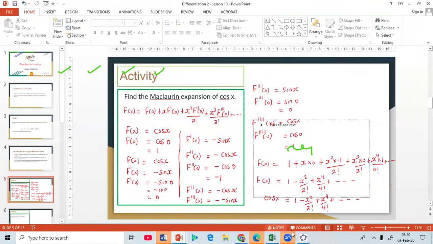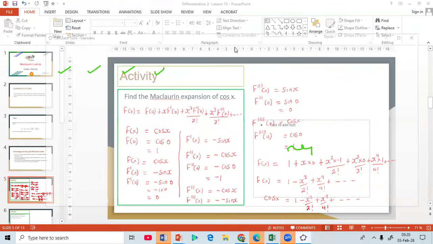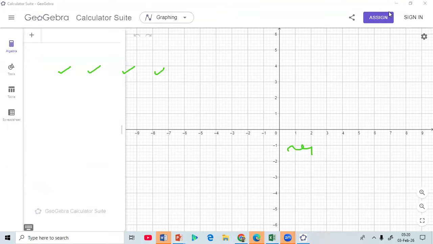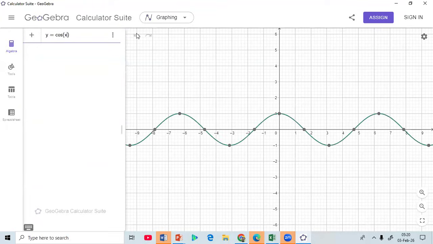When you look at my screen, this is my graph. I'm going to draw the graph of cos x. I know people know how the graph y equals cos x looks.